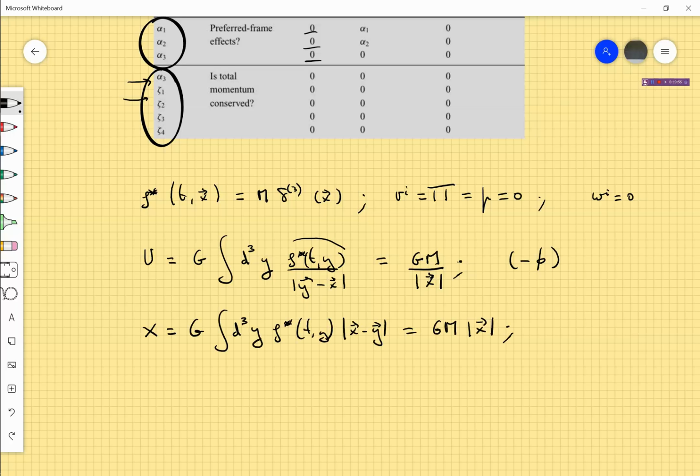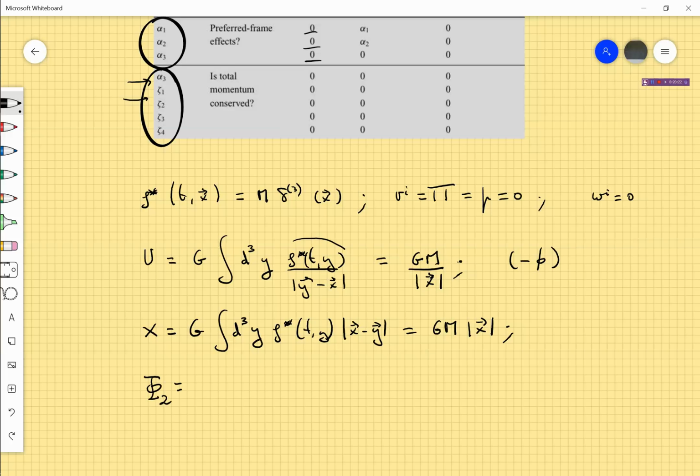The only other non-vanishing potential that you get is phi 2. In some cases you just see it because the velocities are 0, so automatically some of them are 0. Only phi 2 can be different from 0, and I don't do the calculation because it is really simple.